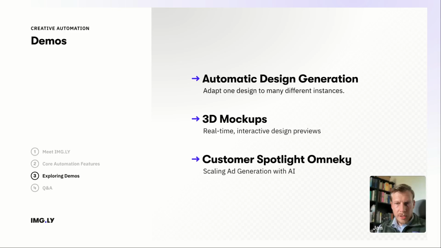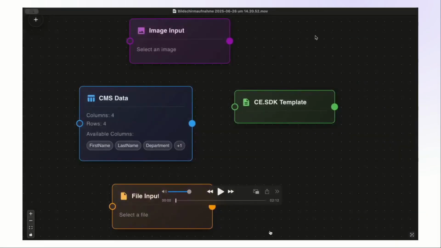something I really wanted to show, first of all, because it is a creative automation use case, but also because it covers another important automation aspect, and that is working with AI and AI coding tools with our SDK, because we have the engine, we have a very well documented API.